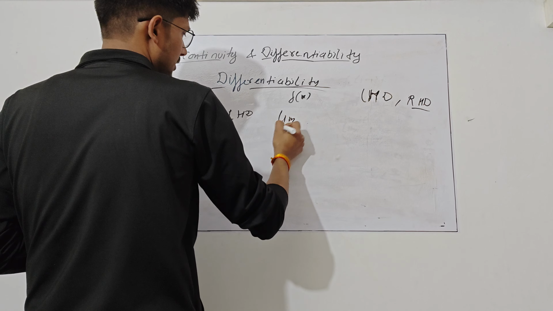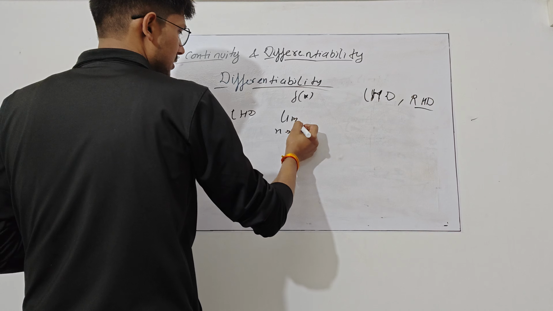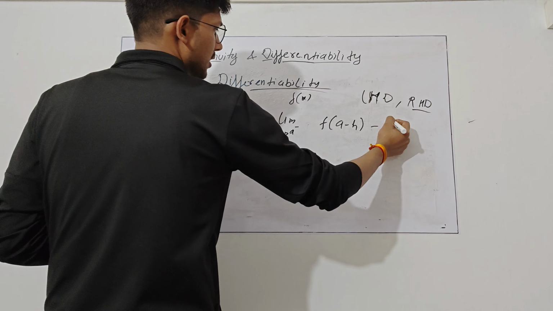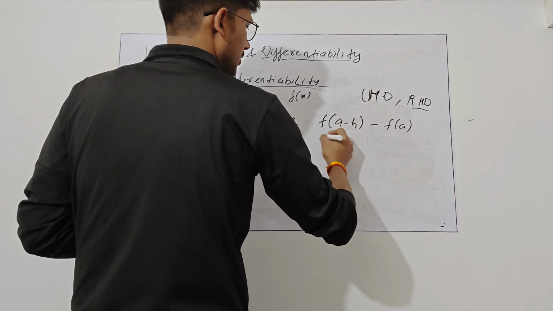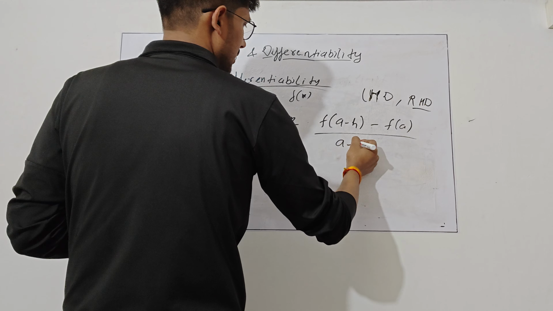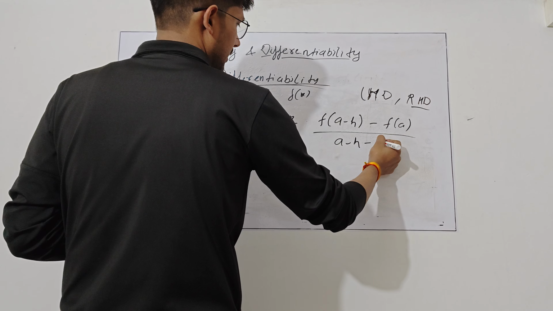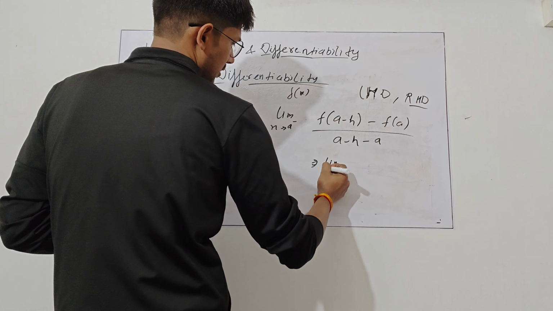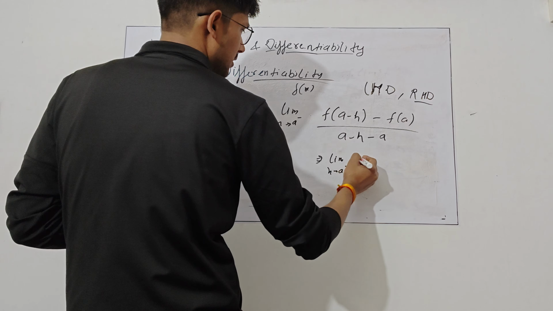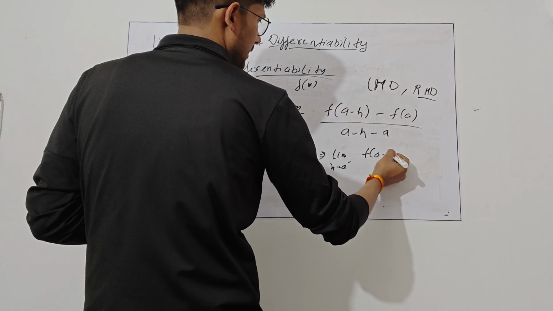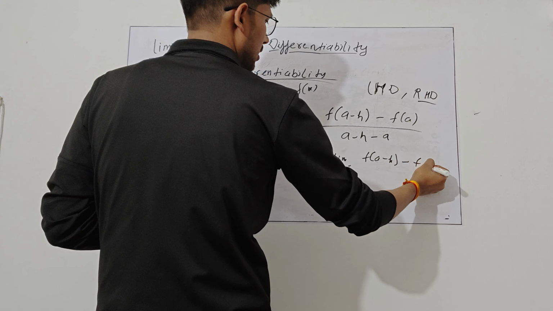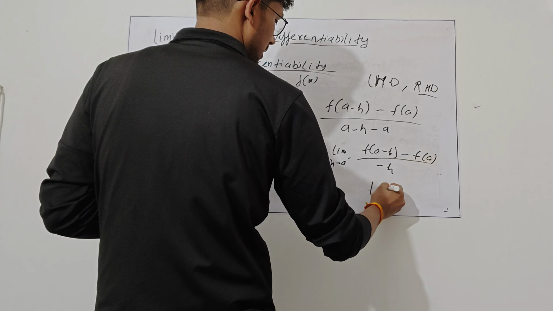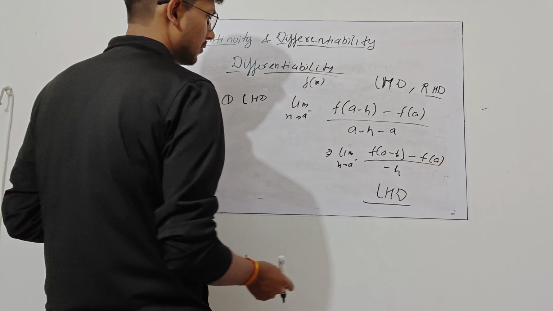LHD says that limit x tending to a minus of (f of a minus h minus f of a) upon (a minus h minus a). So we solve this, we get limit x tending to a minus of (f of a minus h minus f of a) upon minus h. This is left hand derivative.